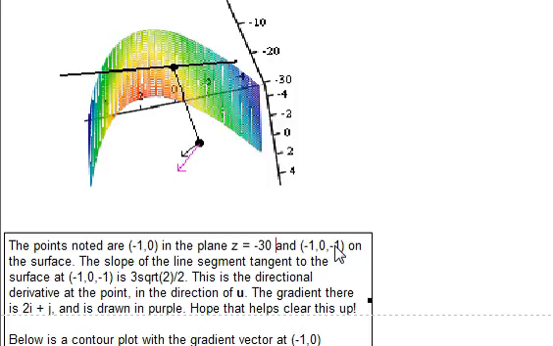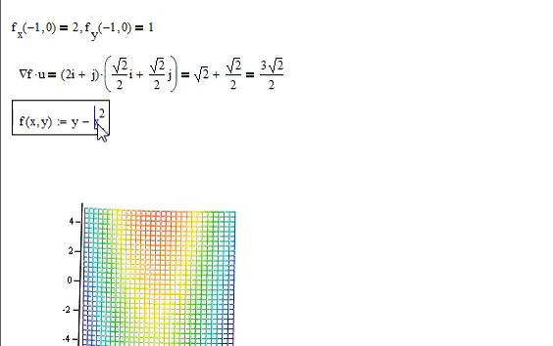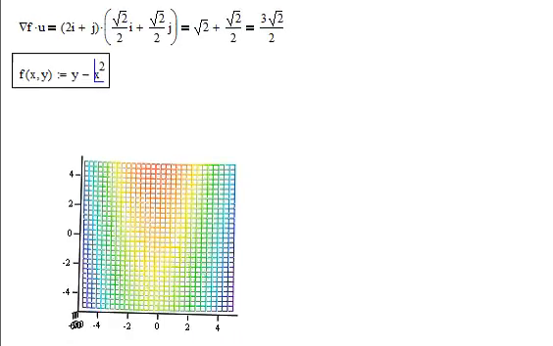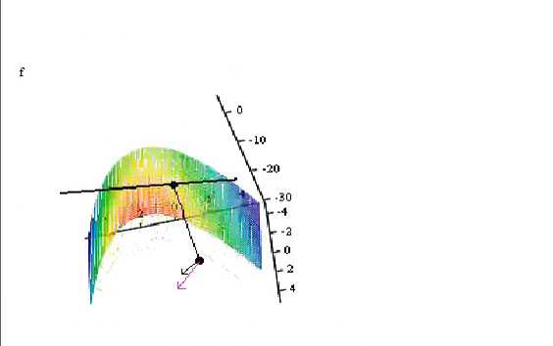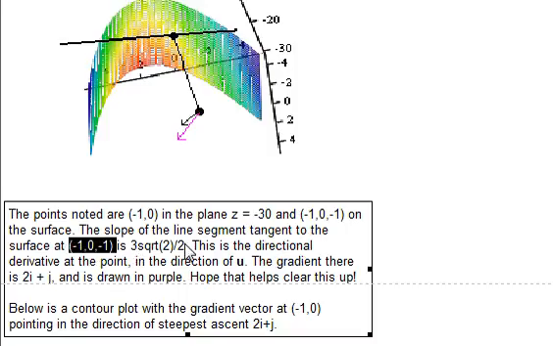On the surface, well, it might be on the surface, that's true. And if x and y are, as stated, on the surface, y minus x squared would be 0 minus 1, so it is on the surface. The slope of the line segment tangent to the surface here is 3 square roots of 2 over 2, and this is the directional derivative at that point in the direction of our unit vector u, and I think that's the little black one I drew in here, okay?